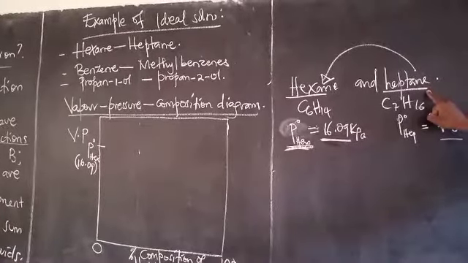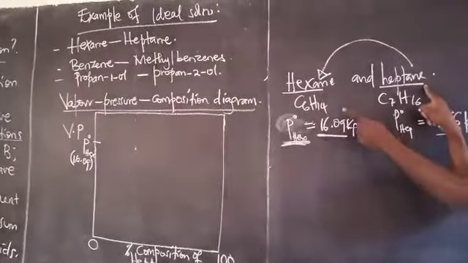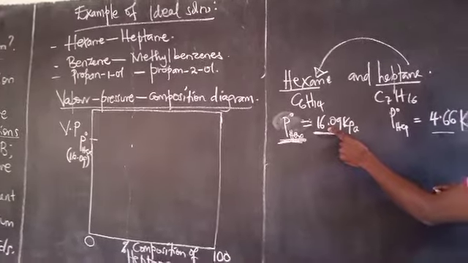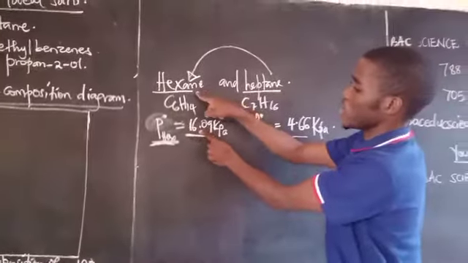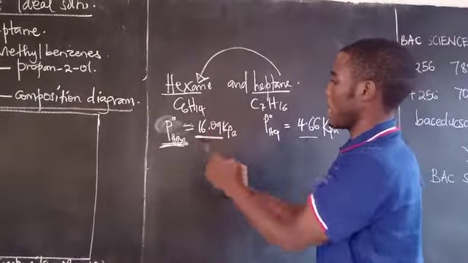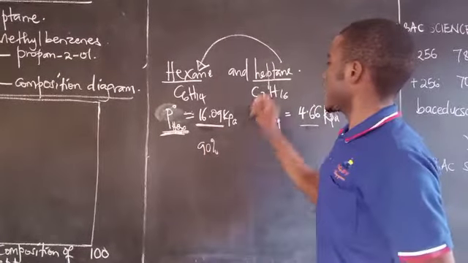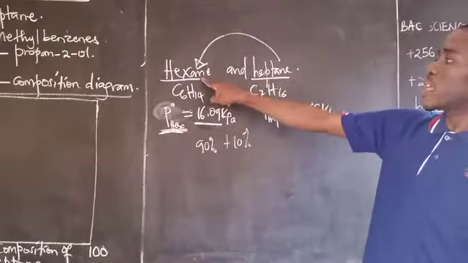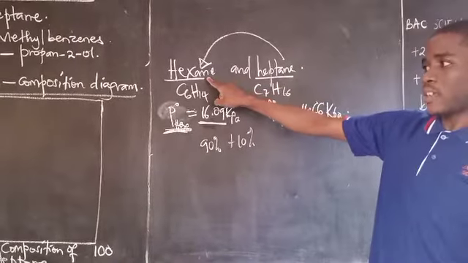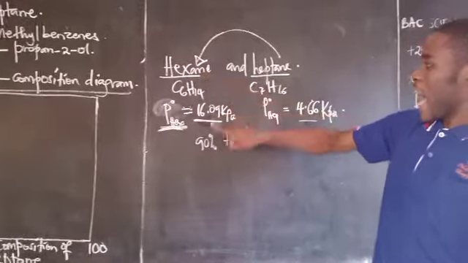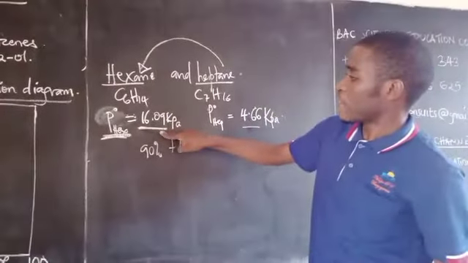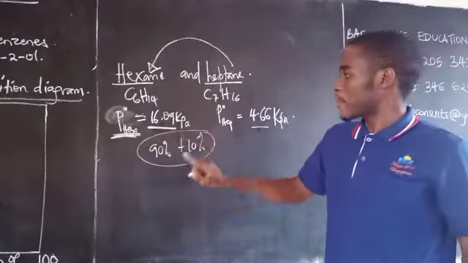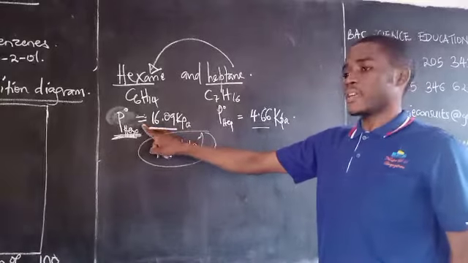So it means that if I have pure hexane producing vapor of this vapor pressure 16.09, when I reduce hexane, for example, up to 90%, and I introduce in 10% of heptane, I am reducing the content of hexane. An indicator that I am trying to reduce the way it can vaporize. The vapor pressure of this mixture cannot be the same as the vapor pressure of pure hexane.